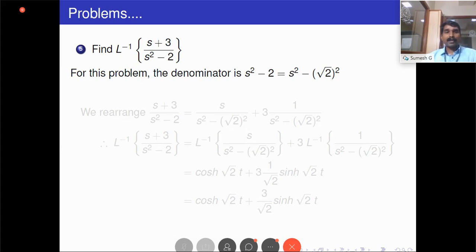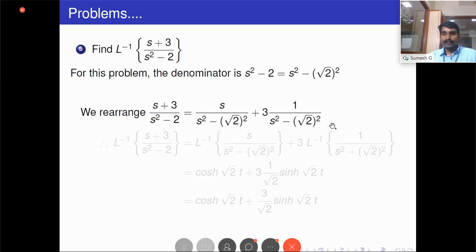But here the numerator is s + 3. So it contains s as well as a constant term. So we rearrange the expression as (s + 3)/(s² - 2) equal to s/(s² - (root 2)²) plus 3 into 1/(s² - (root 2)²). Now we can find the inverse Laplace transform.